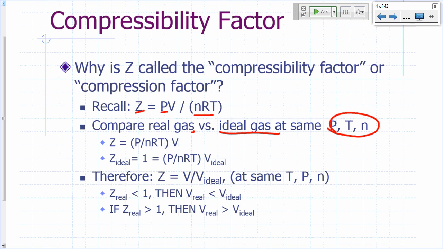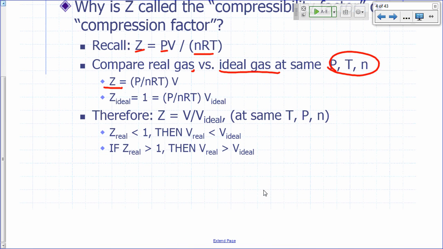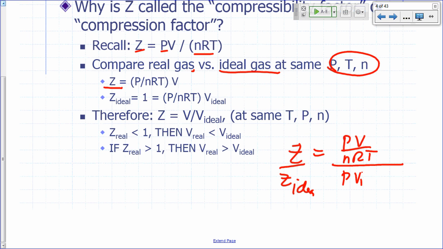Let's divide Z by Z ideal. Z equals PV over nRT, over Z ideal, which is 1, PV ideal over nRT.